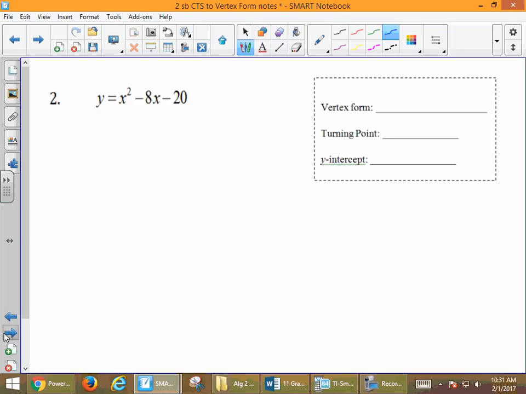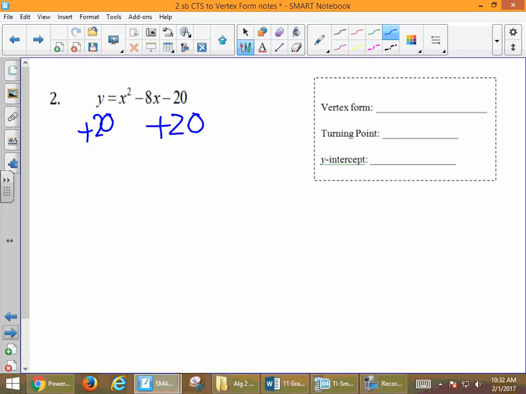And so, once again, what's the very first step we need to do when we complete the square? We need to move our c to our other side. So we're going to add 20, which is our c, to both sides.